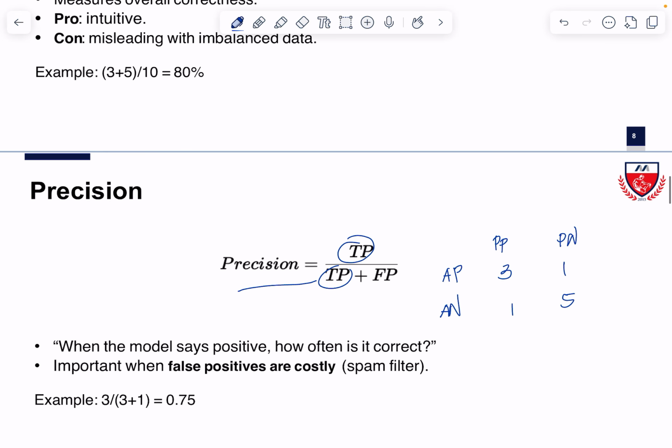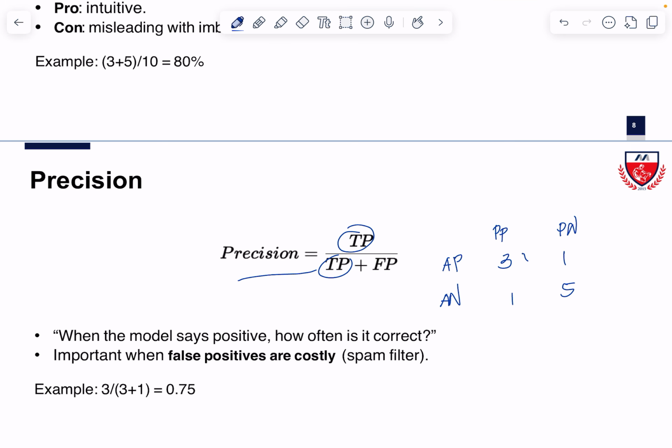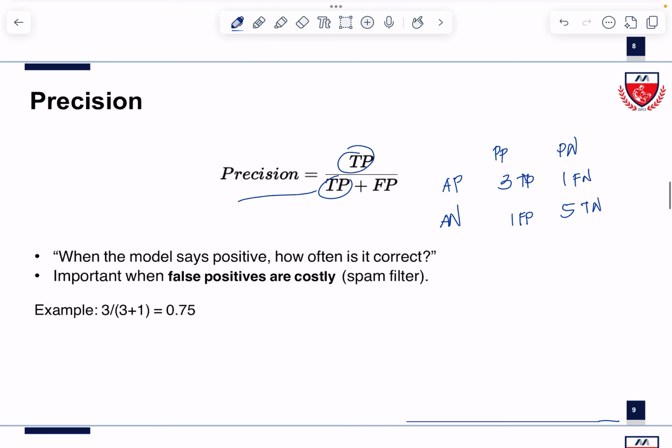So earlier in the table, we have the true positive and false negative, and then we have false positive and then true negative. Am I right? Yes. So we have already gathered the entire accuracy, and now we have to know the precision of our model.